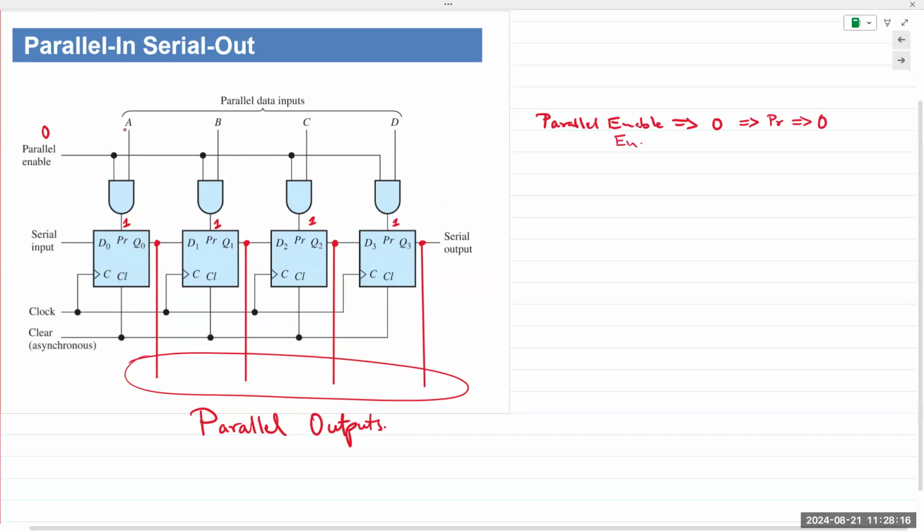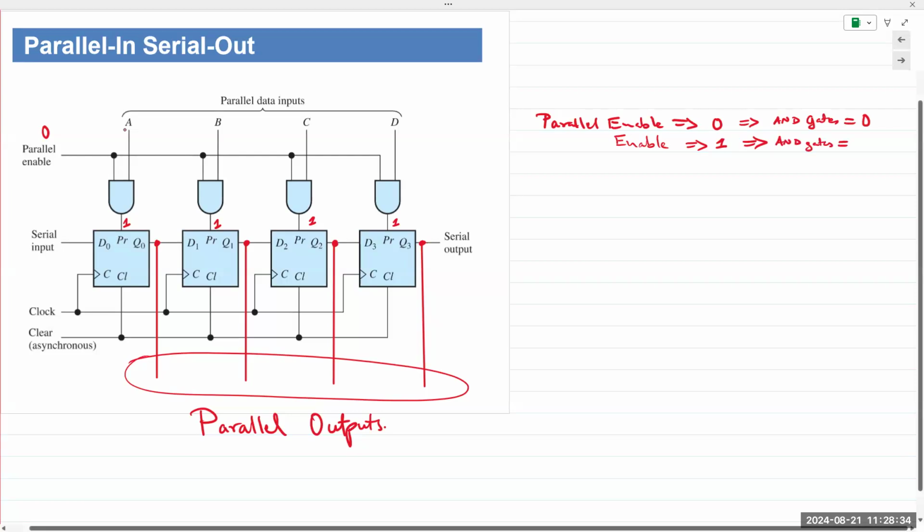Enable needs to be 1 in order for the inputs to pass through; otherwise the output of the AND gates is equal to 0. And here, the AND gates will be equal to A, B, C, D. Okay.